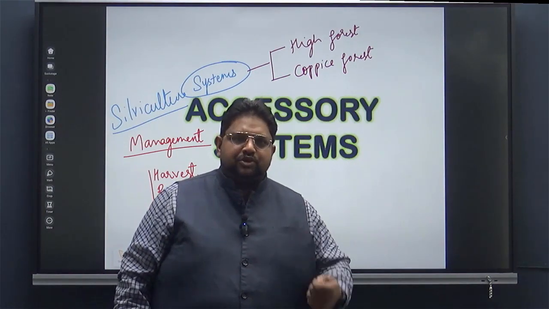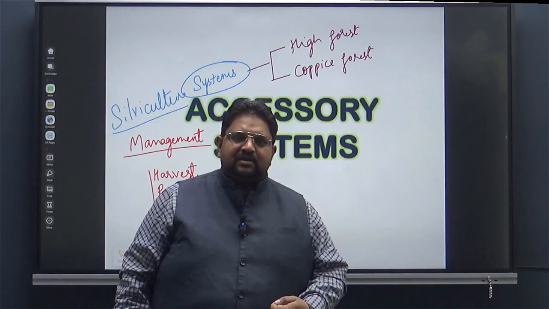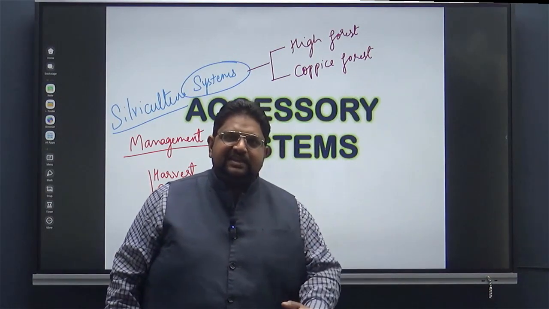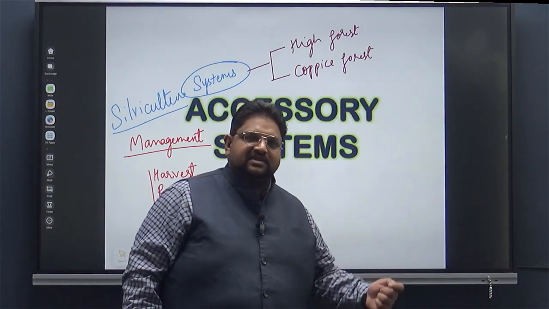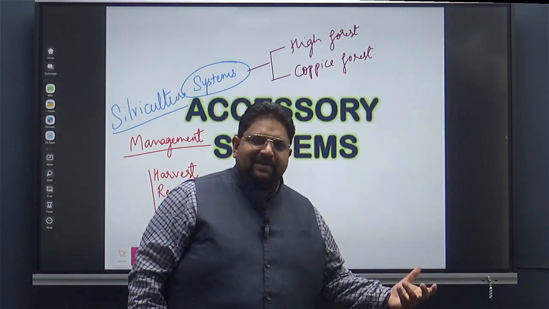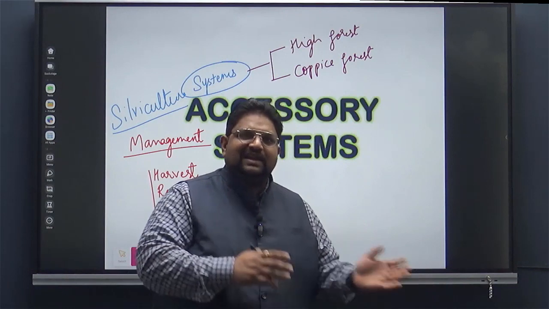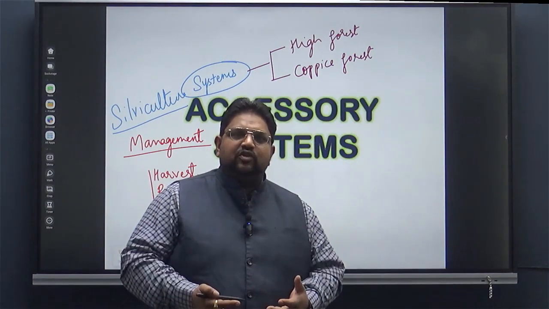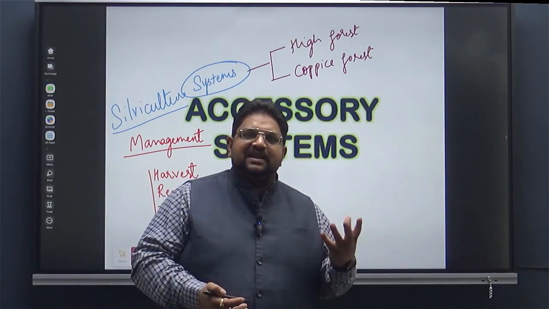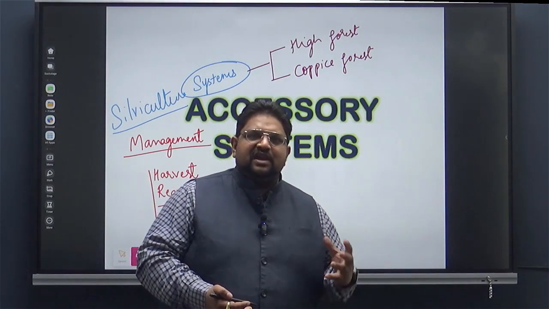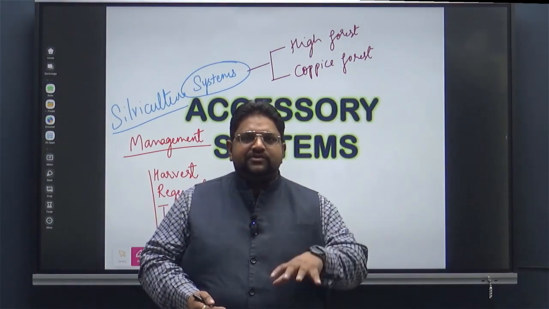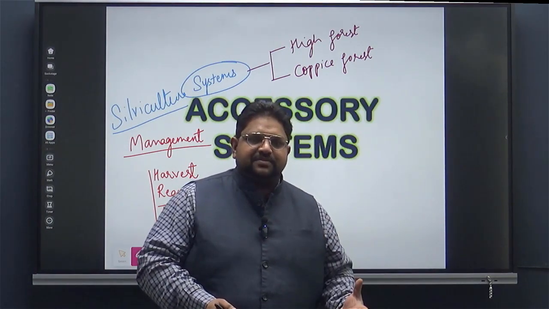So when you sow a crop or plant a crop, if you sow the seeds directly in the forest or sow the seeds in nurseries, let them become a sapling or seedling, then transplant it, all of these are considered as seedling origin. If the forest has been established by seedling origin, and you are applying any silviculture system in those forests, it's called high forest systems.